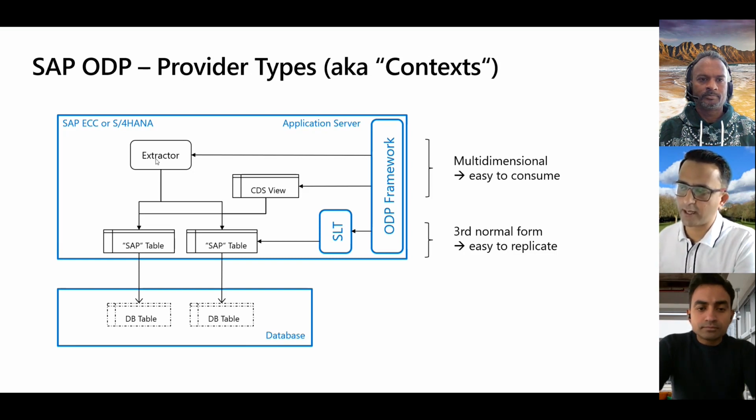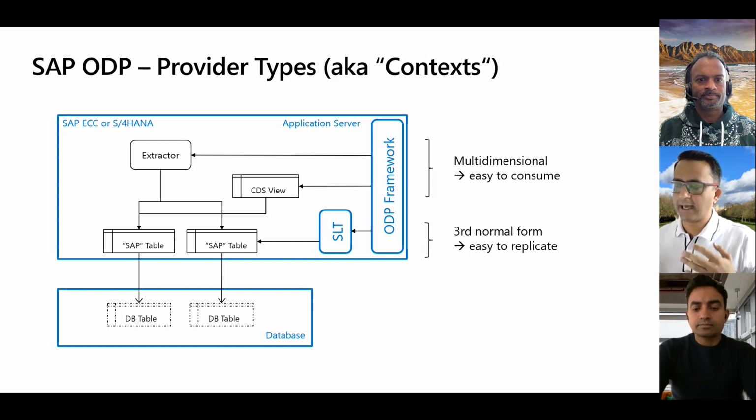So for instance, we looked at the SAP extractors. They're basically your standard extractors sitting on top of SAP tables. SAP have delivered a ton of these extractors already. So if you want to use some of the existing ones, you already have a lot of choice there.